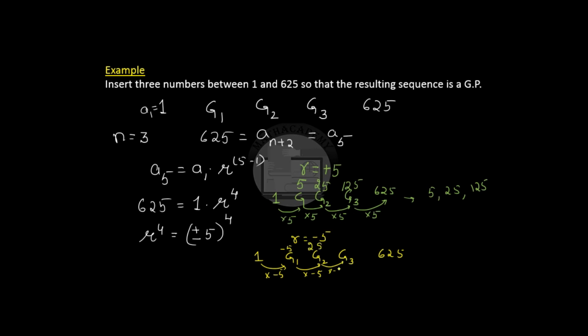Positive 25 times negative 5 is negative 125, and negative 125 times negative 5 gives us 625. So this series is in geometric progression, and hence when r is negative 5, the geometric means are negative 5, 25 and negative 125. So these are the two combinations of geometric means which we can insert between 1 and 625 so that the resulting sequence is a geometric progression.